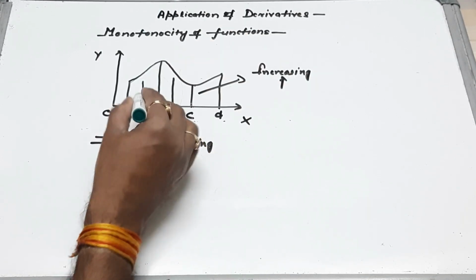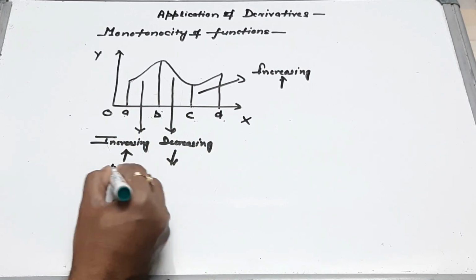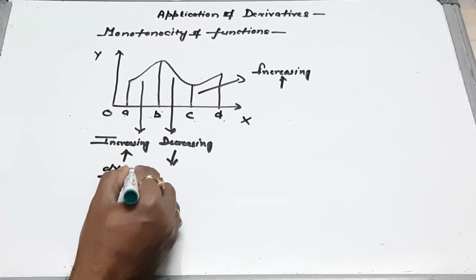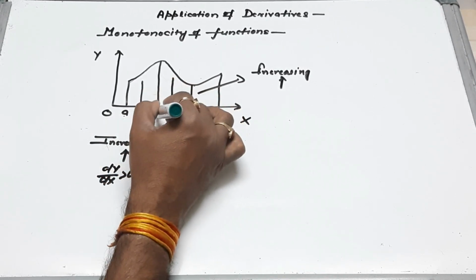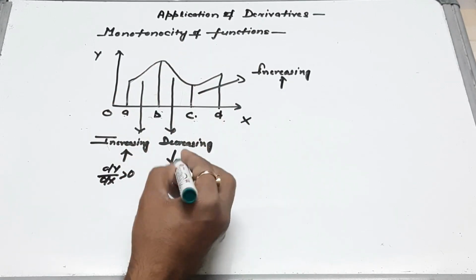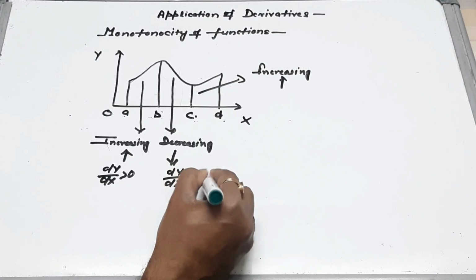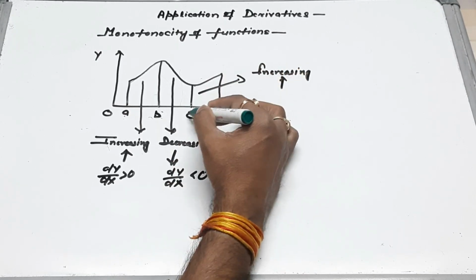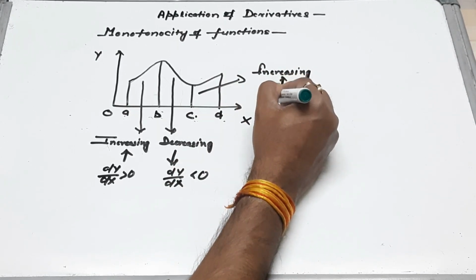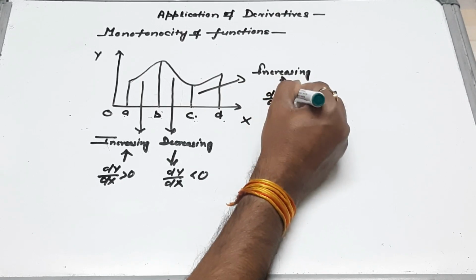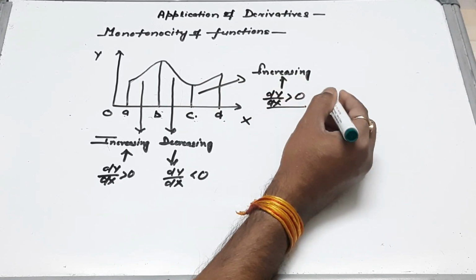So here if you check, you will get dy by dx greater than 0. In the interval b to c, if you check the function's derivative dy by dx, it will be less than 0. And in the interval c to d, again once you check dy by dx of the function, it will be greater than 0.